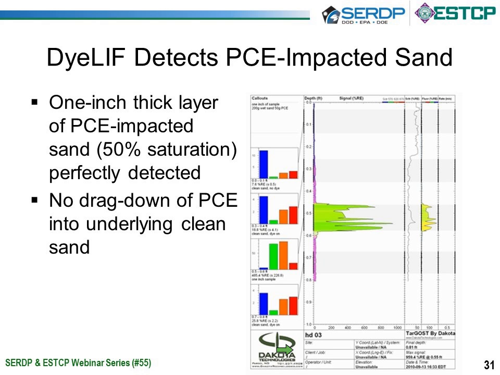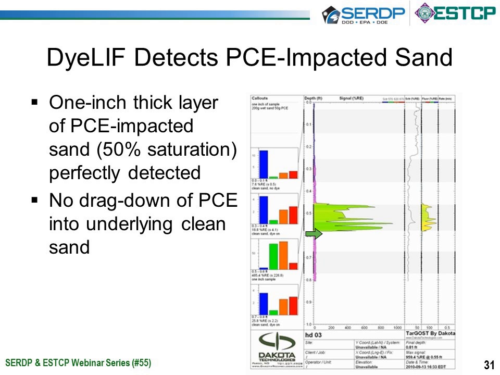And here's just a record. If you're familiar with LIF, this is a pretty typical and familiar graphic. But this just basically shows the clear detection of a 1-inch thick layer of PCE amended sand at a 50% saturation, and it was detected perfectly, plus or minus a millimeter at the top and the base of that pure PCE impacted sand in a laboratory test.